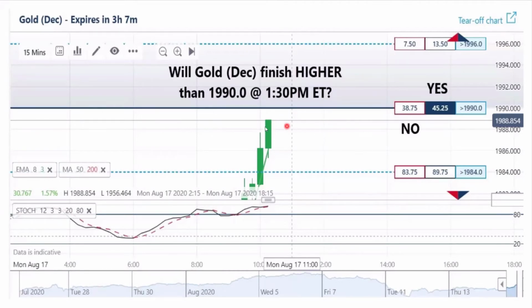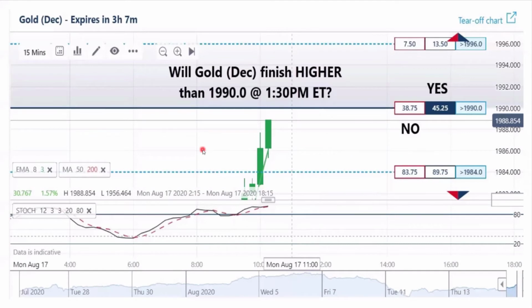Which is interesting, because I didn't have to move 100 ticks or points up here to collect $100. All I had to do was make it above that line. So if it was just one tick over that line, I'm making $100. If it's at or below, then I wasn't right, and I collect $0.